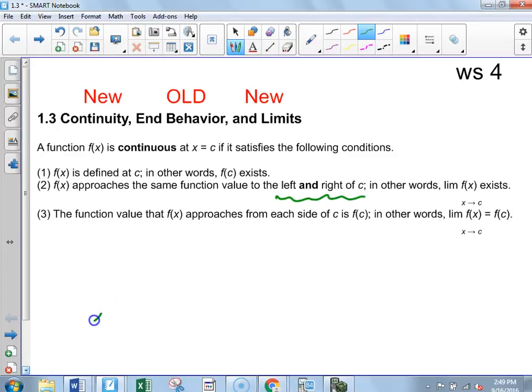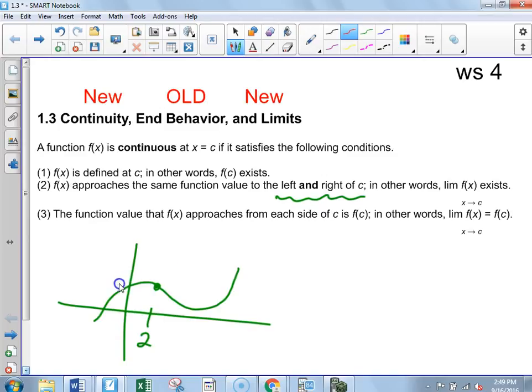Let me give you an example. If I had this graph and I wanted to know, is this function continuous at 2? You would say, well, it obviously has a point at 2, yes? And it is getting closer to that same point from both directions, so it's continuous.